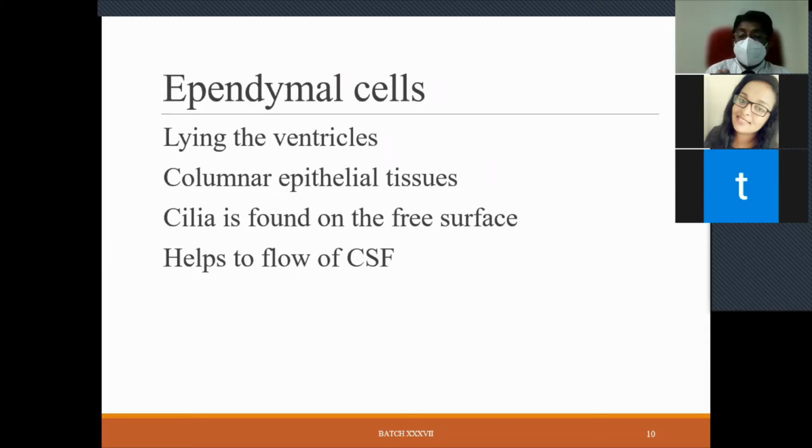CSF means cerebrospinal fluid, right? So the ventricles are filled with cerebrospinal fluid, and the cerebrospinal fluid travels in the ventricular system, and these ependymal cells support that traveling through the movements of the cilia.